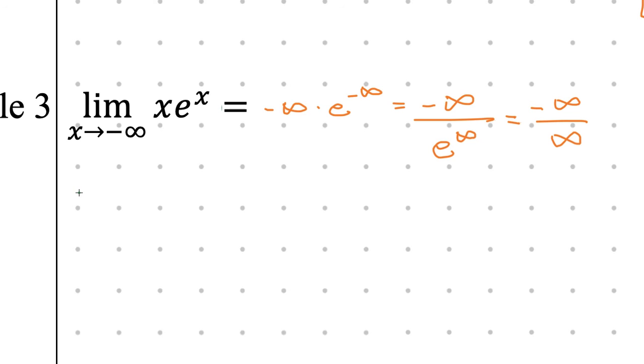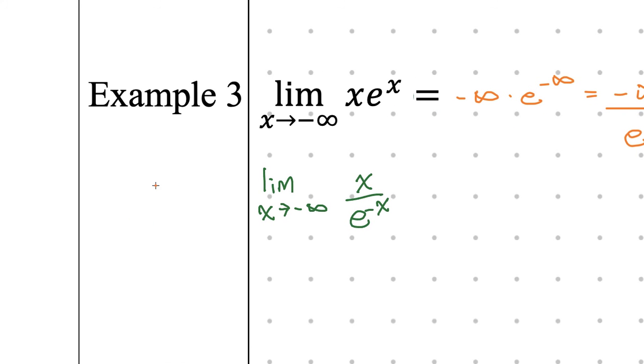So I can say this is now the limit as x approaches negative infinity, and I can choose one of two things. I can either say this is x over e to the negative x, or e to the x over x to the negative 1. I'll show you bad things happen if you do it the other way around.